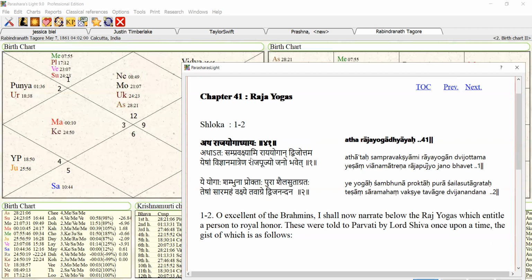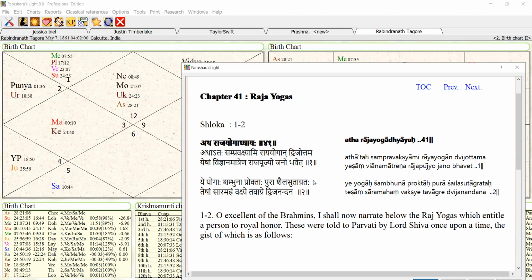Atataha sampravakshami Raja Yogan Dvijottama, Yesham Vijnana Matrena Raja Pujyo Jano Bhavet. Ye Yogaha Shubhana Shambhuna Proktaha Pura Shailasutagratah, Tesham Saram Aham Vakshye Tavagre Dvijanandana.